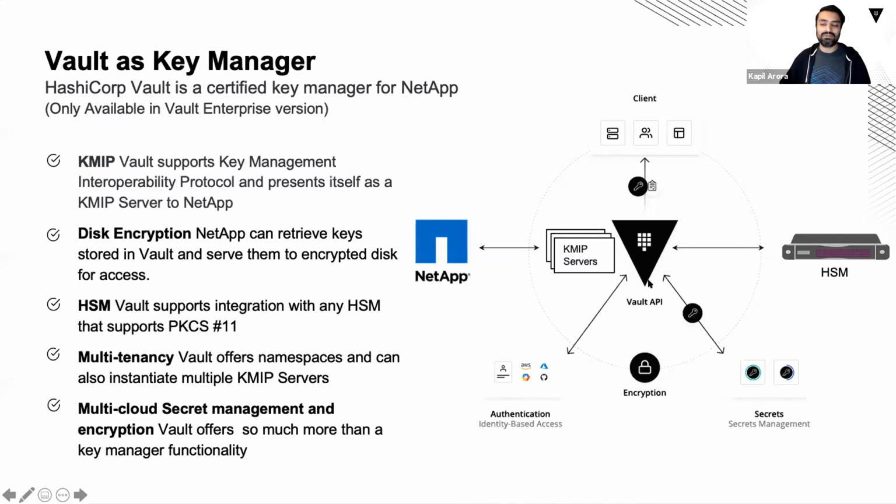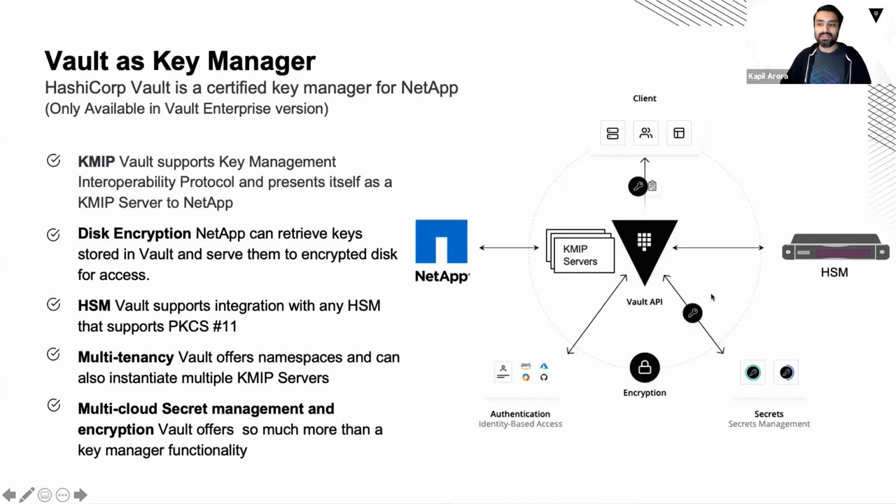Vault in the enterprise version is also multi-tenant. And for the NetApp system, Vault is just a KMIP server. The NetApp system is not really aware that it's Vault, but it talks to Vault using the KMIP protocol.